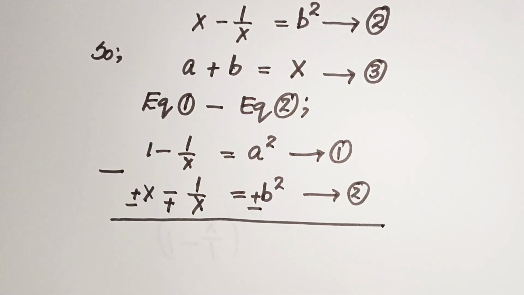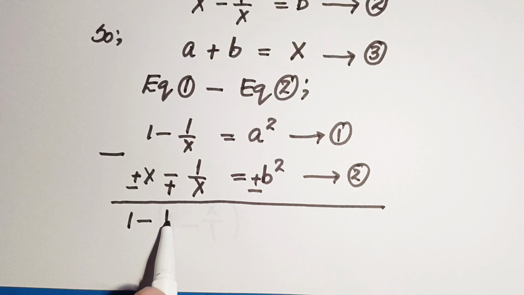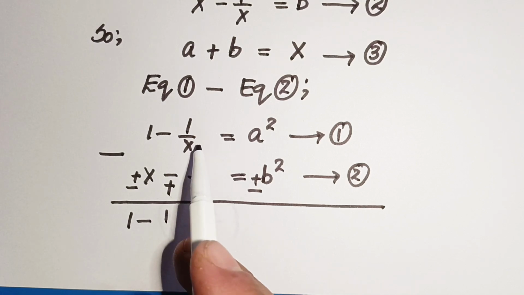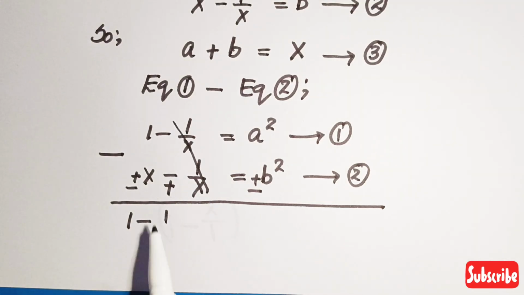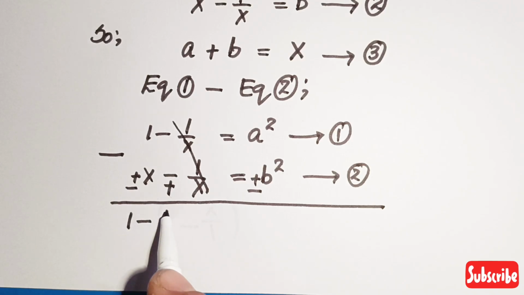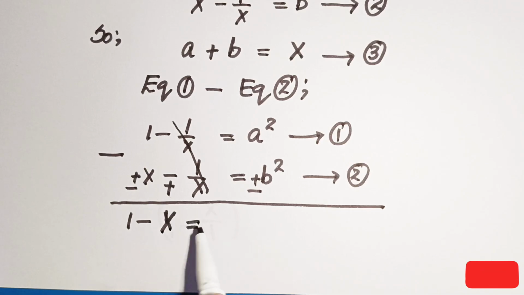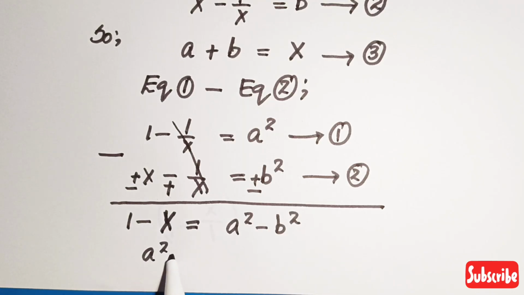So now here the minus 1 over x and the plus 1 over x will be cancelled. So here we get 1 and we have minus x, so 1 minus x is equal to a squared minus b squared. So a squared minus b squared is equal to 1 minus x.